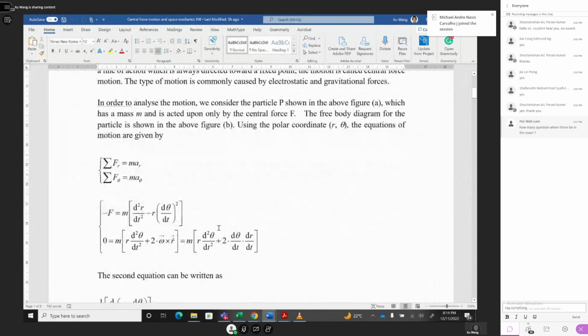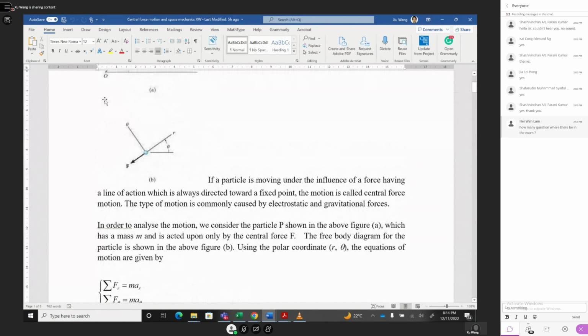So omega points up and r dot points out, and by the right hand rule the result points in the tangential direction.